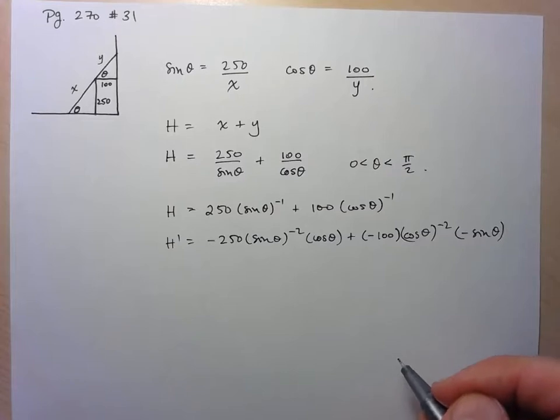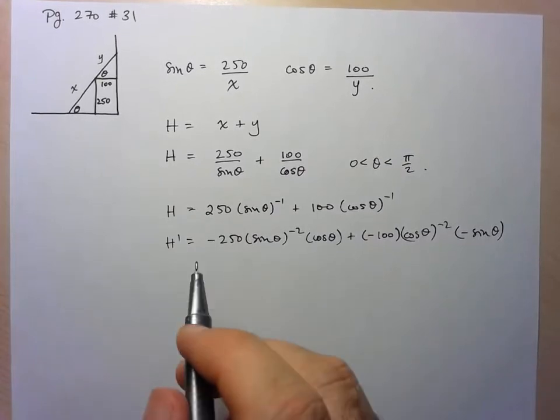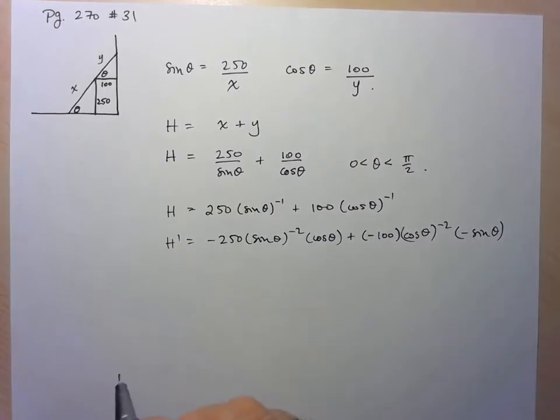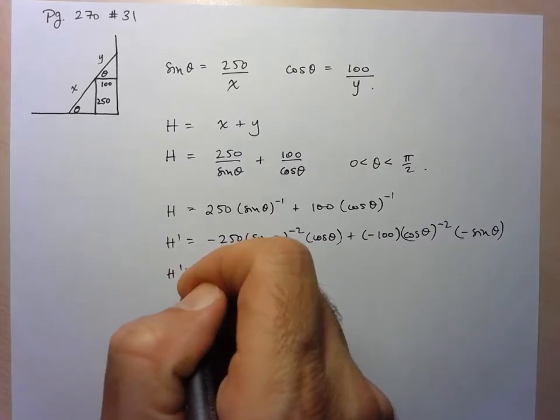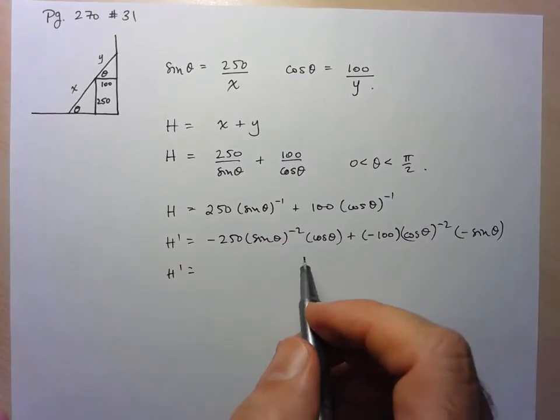As we're preparing for an exam, I'm going to try to do this question using as little memorization as I possibly can. So we're just using the derivatives of sine and cos and the chain rule. So h prime, let's clean this up here. Well, what do we have?